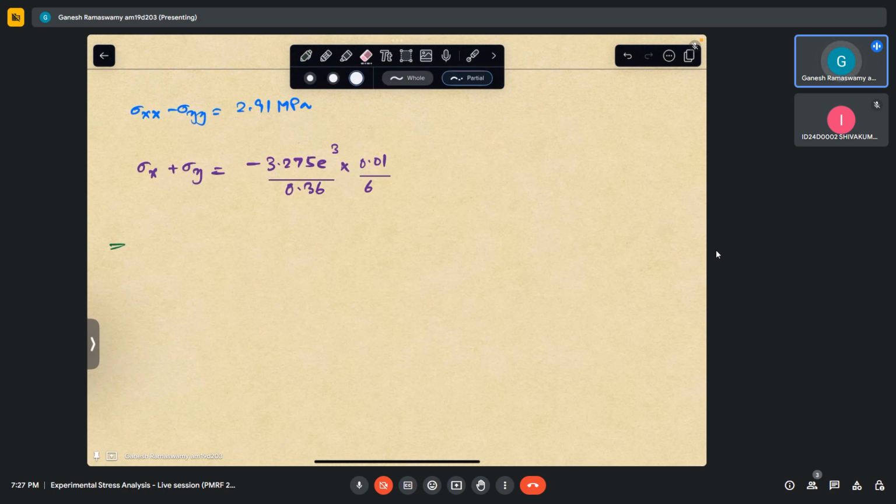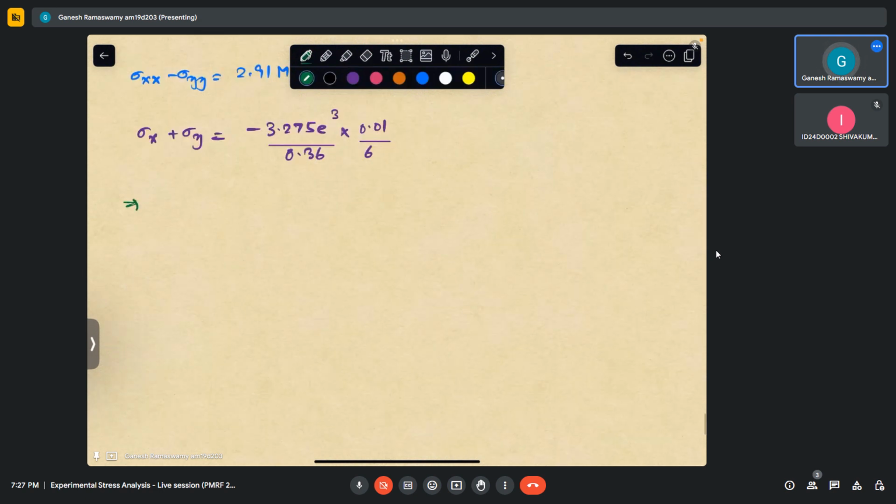I'll just do it with the matrix method. So what I can see here is this into sigma xx. Sigma x and sigma xx are one and the same thing, so I hope there is no confusion there.